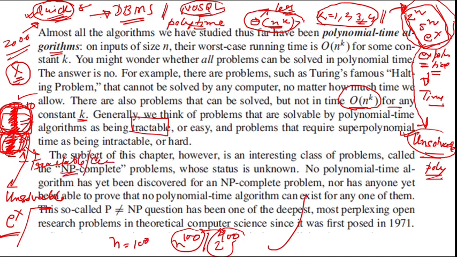I am able to write some algorithm which will solve the problem, or an easy problem. And the problem that requires super polynomial time is an intractable problem or undecidable problem, or sometimes it is mentioned as a hard problem. It is hard in the sense that you are not in polynomial time, it is exponential time, and that is called hardness. This whole unit is dedicated to these hard problems. Okay, but where is the catch?